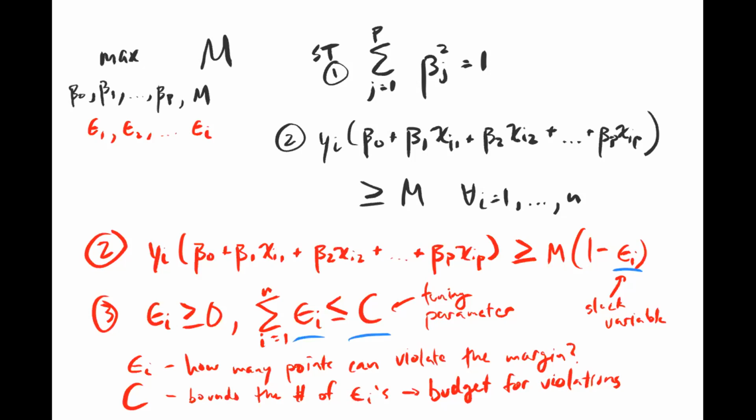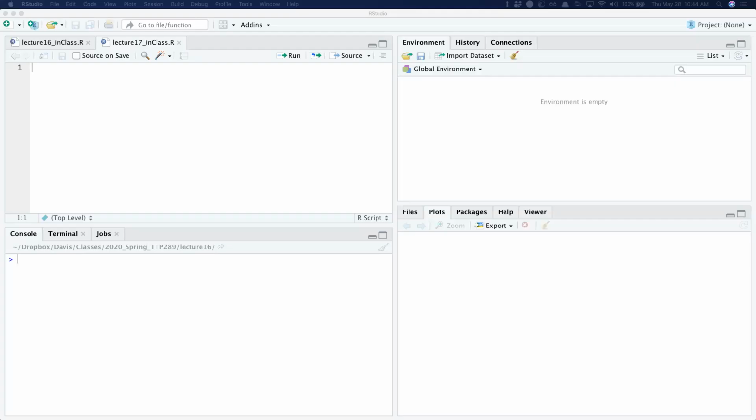Okay, so I want to show, since this is a lot harder to draw, an example from the ISLR textbook, which shows this property pretty nicely.